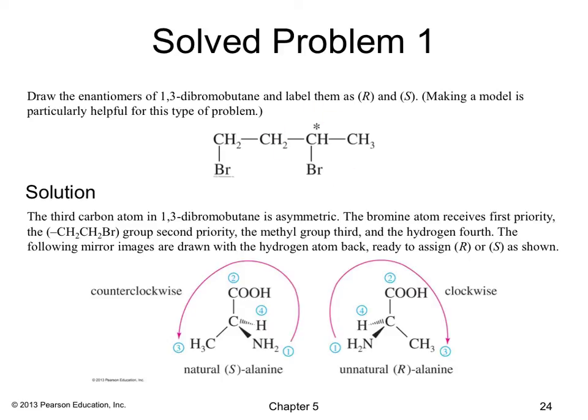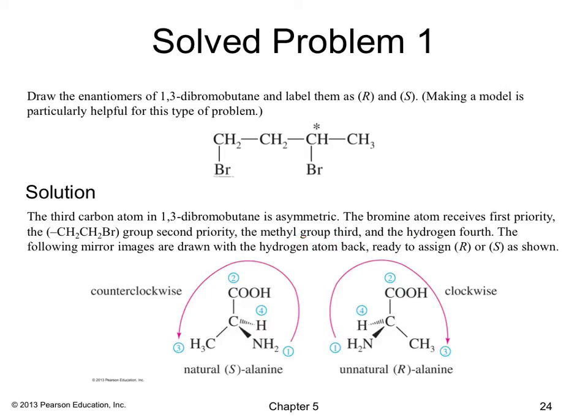So then we can draw this in terms of line structures with the hash marks going to the back and the wedge marks coming out. So the bromine receives first priority. The CH2, CH2Br second, methyl third, and the hydrogen fourth.